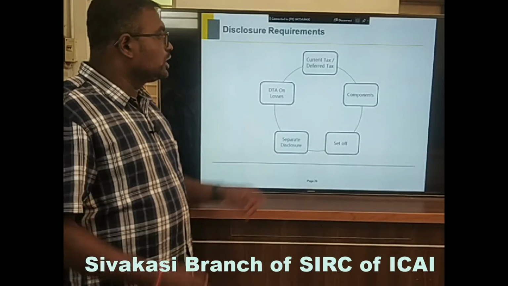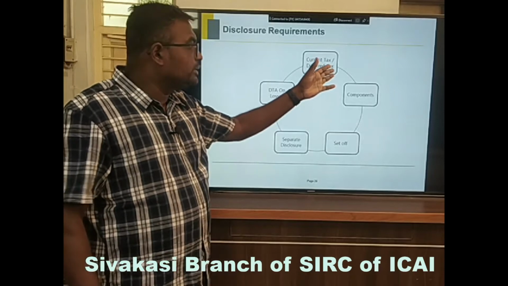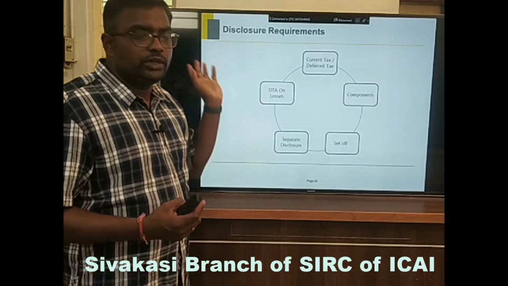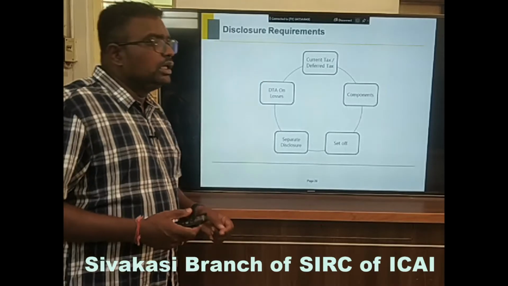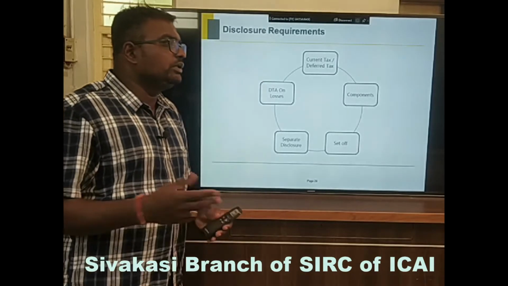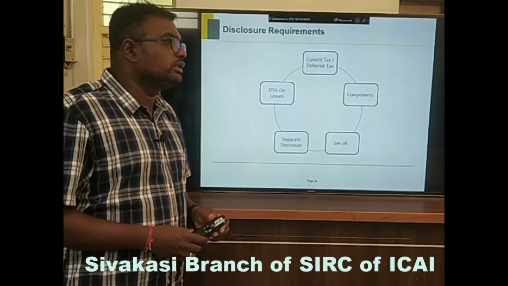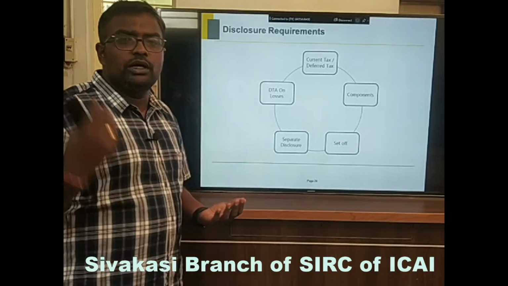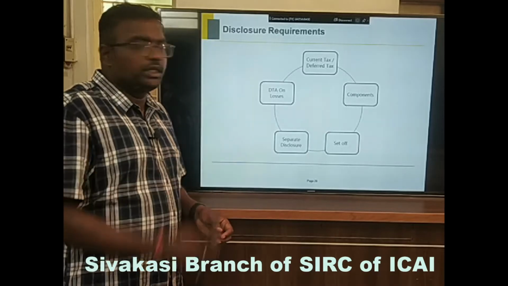So disclosure requirement: you are supposed to disclose how much current tax and deferred tax, and what the components are. As I told you, like we have seen in our example, we have recognized deferred tax on depreciation, and deferred tax on expenses. So you have to show the components from where you have got timing differences and how you recognized them.